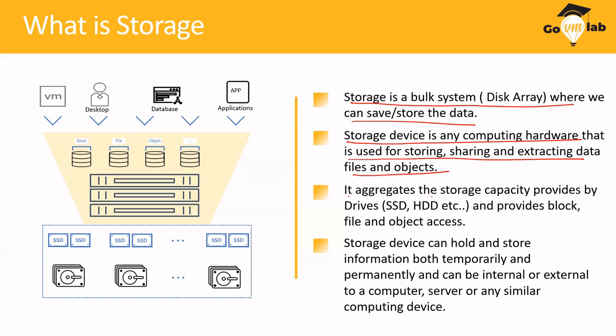Now it says that storage aggregates the storage capacity provided by drives, and provides block level, file level, or object level access. I think this is what we're going to talk about today, because when you talk about storage, there are multiple technologies. Just to give you an idea, you might have heard about DAS, direct attached storage. You might have heard about SAN, storage area network.